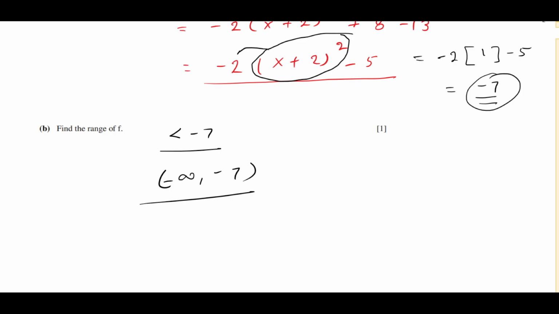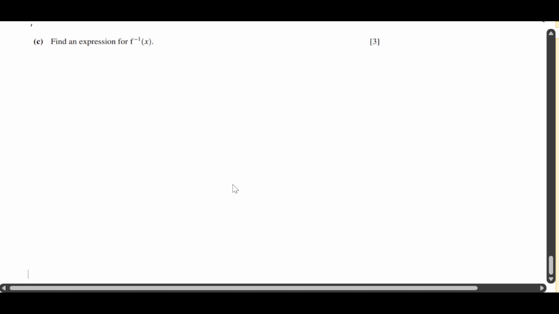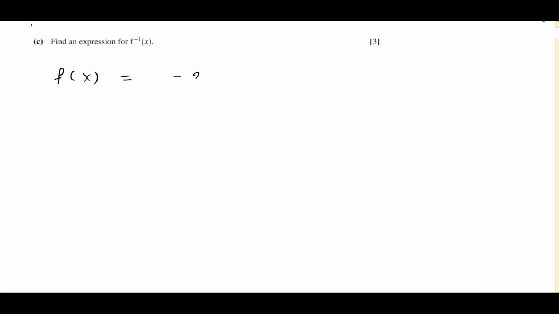So the next part is we have to find the inverse of this fx. Find the inverse, f inverse x. Now first, what is fx? Your fx, the simplified version, is minus 2 times x plus 2 the whole square minus 5.